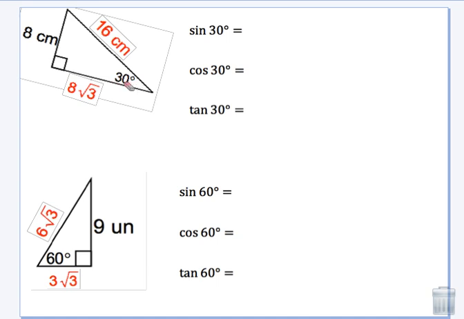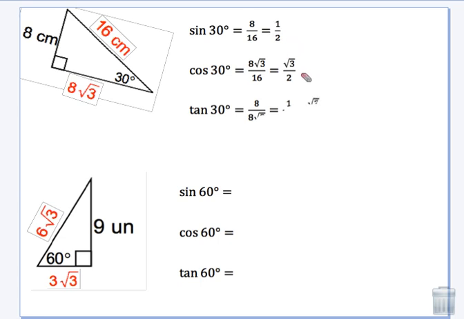So sine of 30 would be 8 divided by 16, and 8 divided by 16 is just 1/2. And cosine of 30 is adjacent over hypotenuse. So adjacent is 8 times square root of 3 over the hypotenuse of, excuse me, 16.